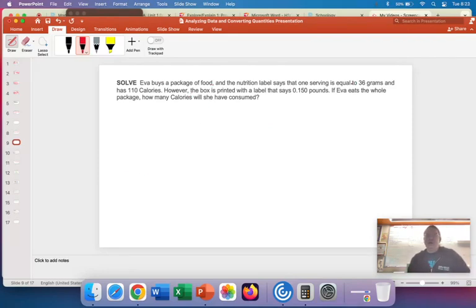The label says a serving is 36 grams and has 110 calories, but the box says it's 0.150 pounds. If she ate the whole package, how many calories? Let's see, you set this whole thing up. Let's see if you can do that.